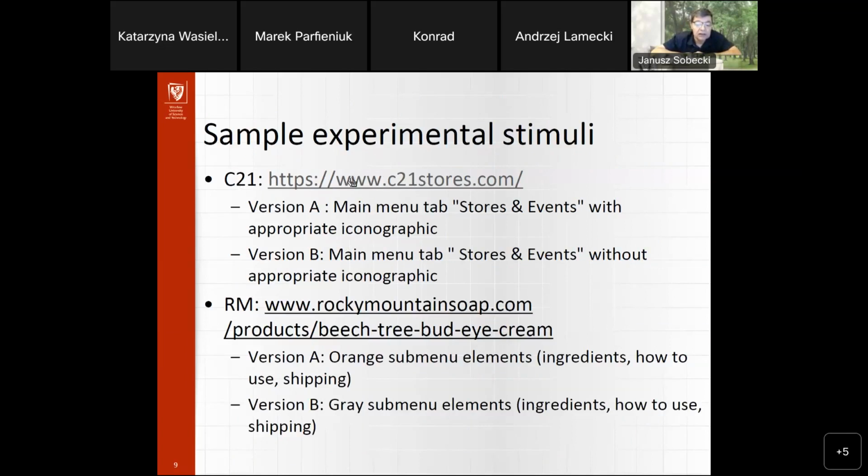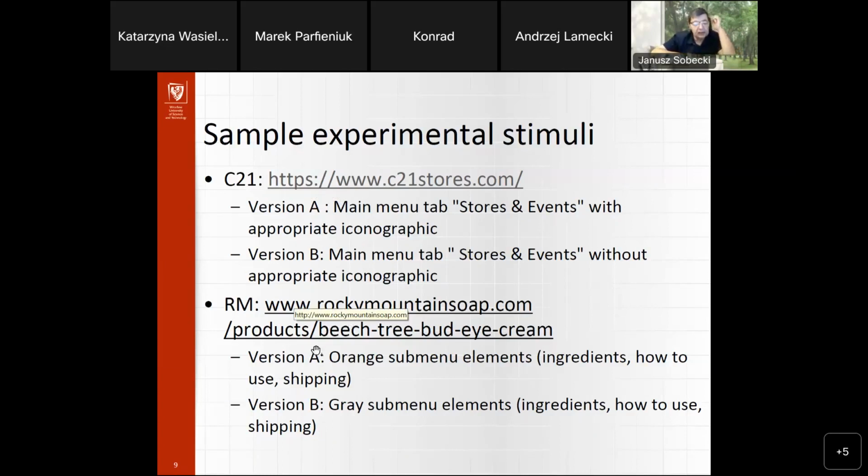This one is from C21 stores, and version A has the menu of stores and events with appropriate iconography, and version B is without iconography. So we suppose that adding iconography increases the usability.